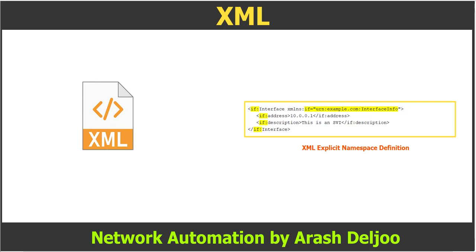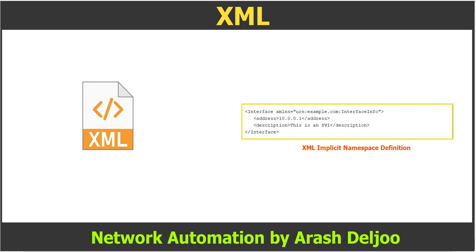We prefixed the address and description with "if". If all the elements in an XML document refer to the same namespace, you can simply use the implicit format you can see in this example. In this case, prefixes are no longer necessary.